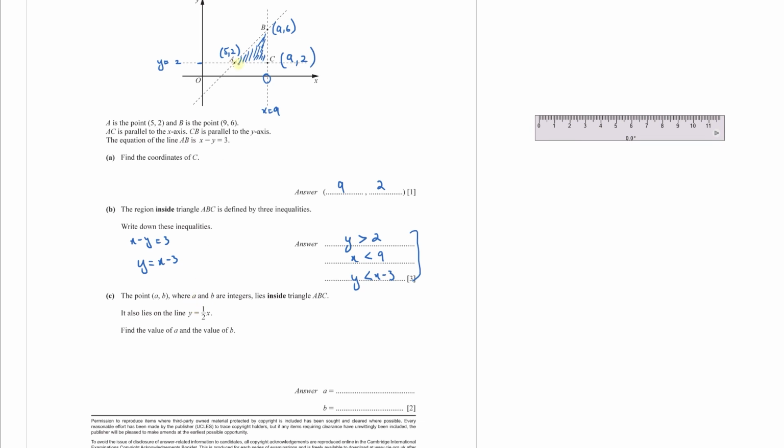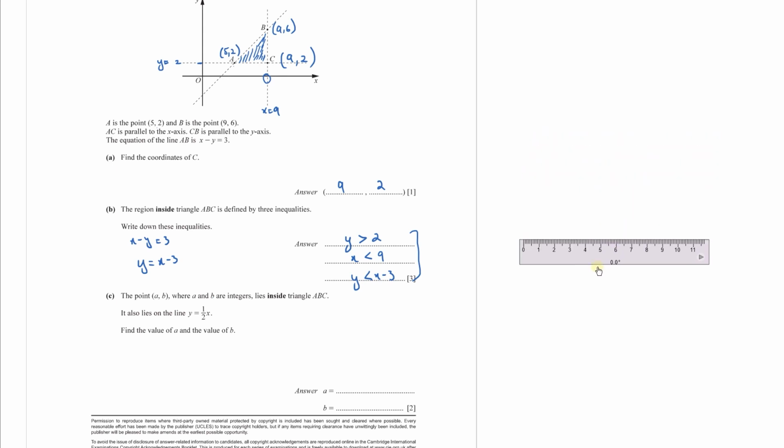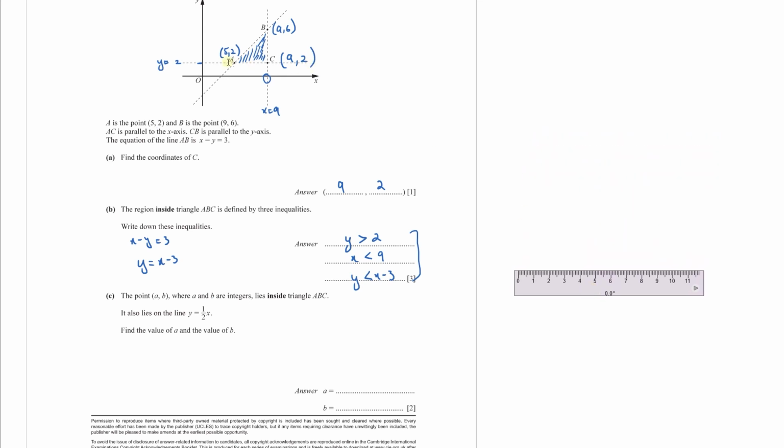And the coordinates lie inside this triangle ABC, and they also lie on this line y equals 1/2 x. So let me quickly sketch the axes here so that we can solve this. I'm only interested in this region, so my x value will start at 5 and go up till 9.